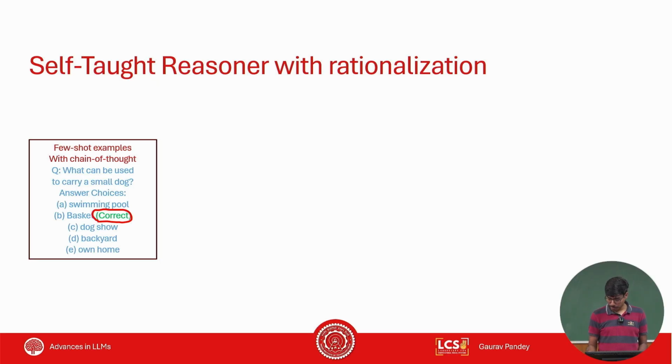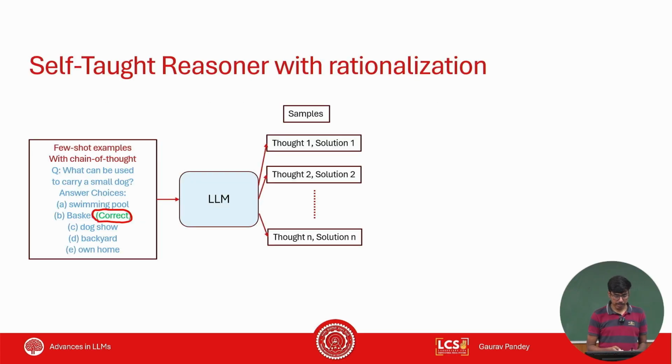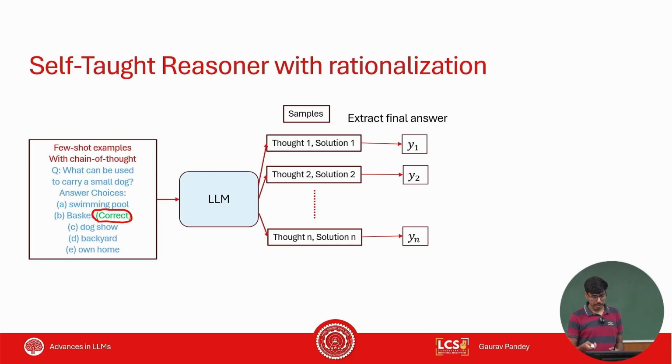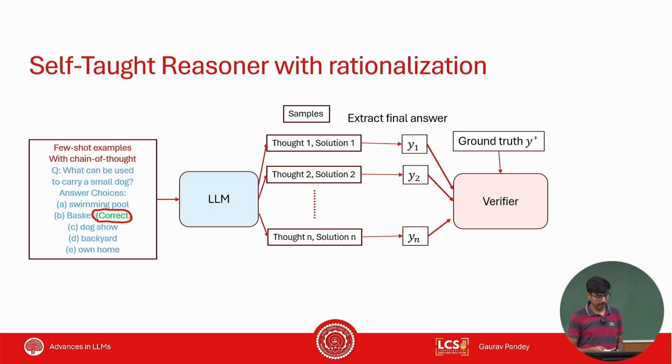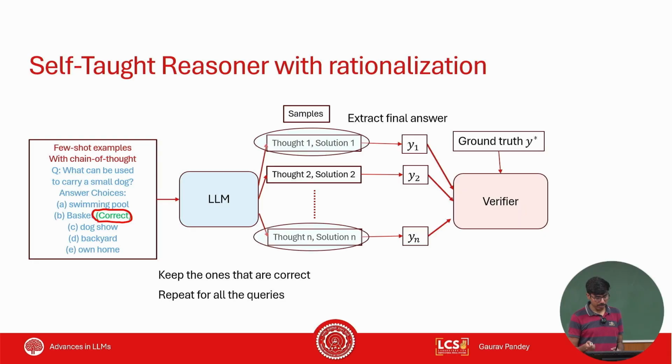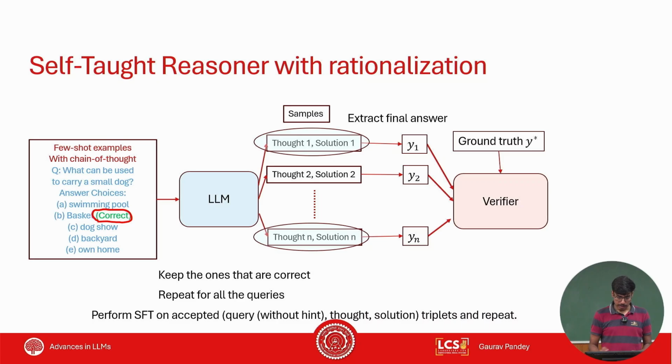And now you do the exact same thing that you would have done otherwise, which is do a forward pass to the LLM, generate multiple thoughts and solutions, extract the final answer, verify the correctness, keep the ones that are correct, repeat, and then perform SFT. So it's exactly the same approach, but now you have added the hint as well.